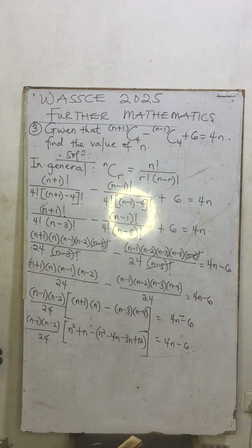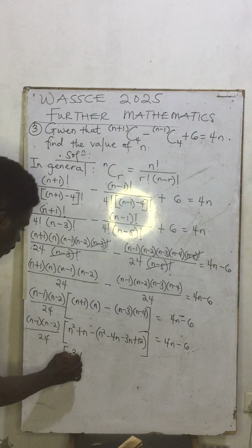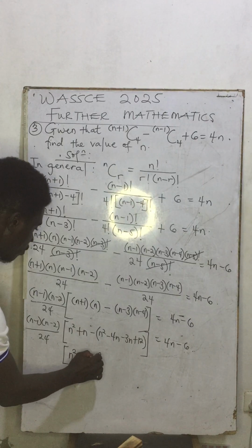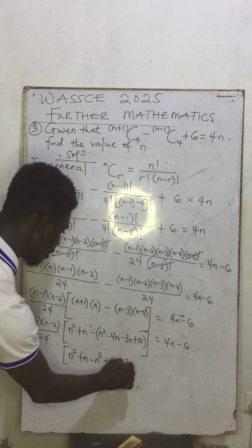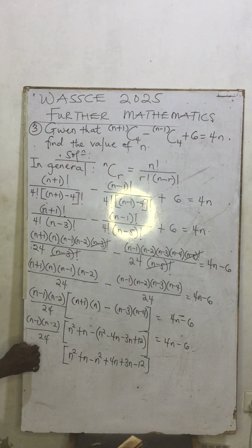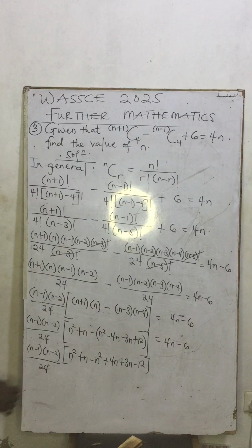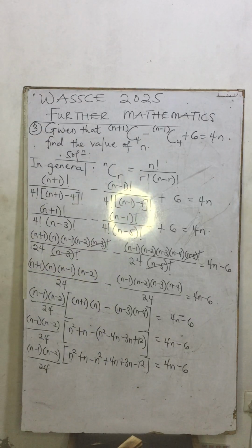So let's see, we have n squared plus n minus n squared plus 4n plus 3n minus 12. Then here is n minus 1 times n minus 2 all over 24 is equal to 4n minus 6.